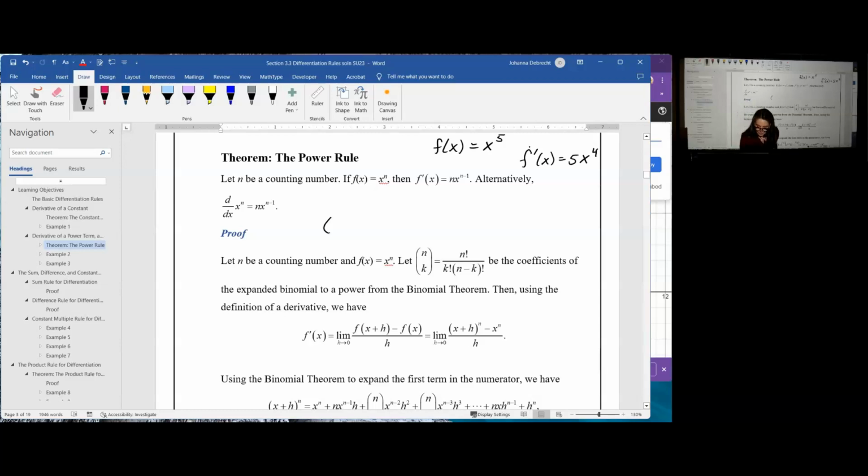For example, if we were to take x minus a and raise it to some nth power, I would get a lot of terms with x to the n, and then plus or minus constants times x to the n minus 1 times a to the 1st, plus or minus more constants, x to the n minus 2, a squared, and so on, all the way down to x times a to the n minus 1, plus or minus some constant times a to the n.